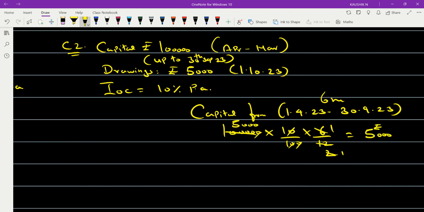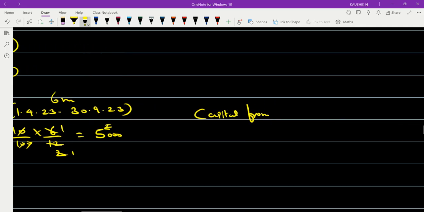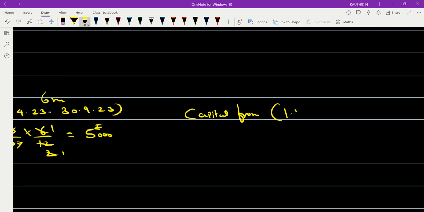So here you have got 5,000. The next is the remaining capital, that is after the withdrawal. So capital from 1/10/23 to 31/3/24, that is 6 months.